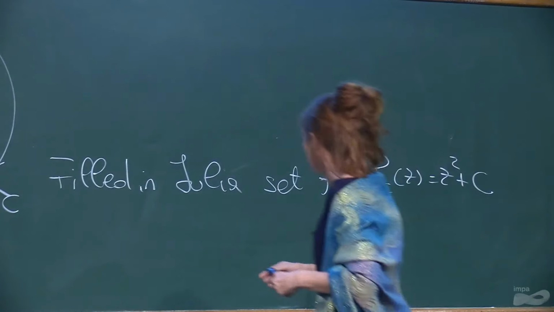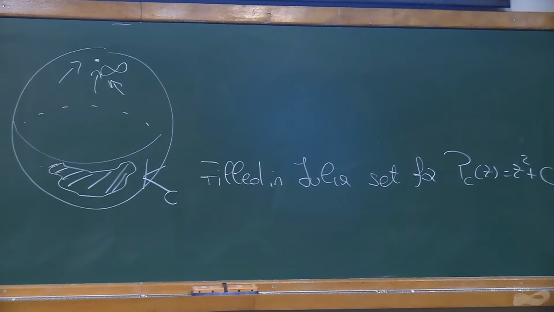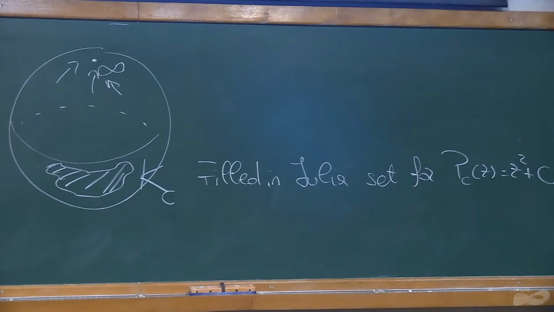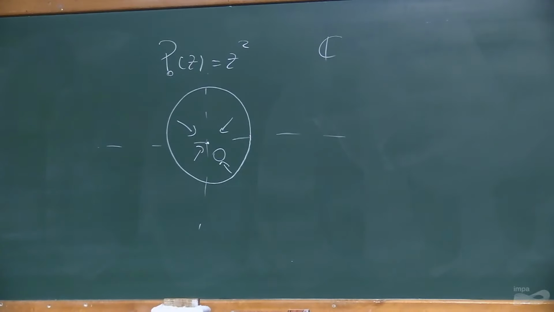So in this case, P_c(ζ) is ζ², with c = 0. Infinity is there, and 0 is attracting, actually super attracting. The unit circle is also invariant, and the unit disk is the set of points that do not go to infinity.